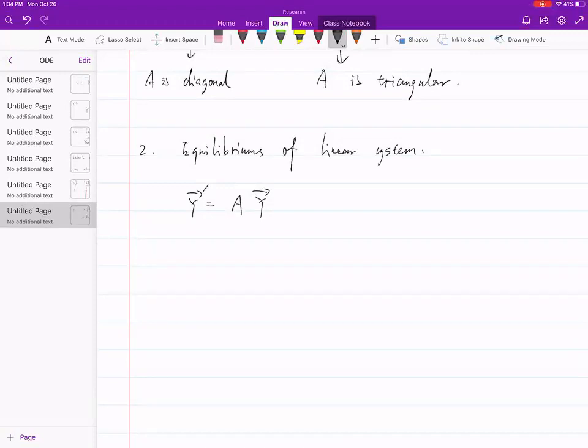That's when the derivative becomes zero. You go there, you stay there because you don't change. How do you find it? You set the right-hand side to be 0. So for this case, you basically set AY equals 0. That would be your equilibrium. Later, we will talk about how to do the sink and the source. Basically, it corresponds to the eigenvalues. But for now, it's just equilibriums.